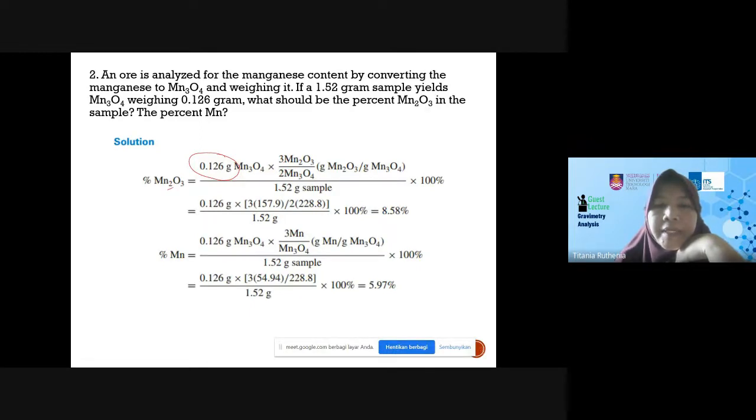Divided by the mass of the sample, we just insert the value of each, so it will get 8.58%. For Mn, the precipitate is Mn3O4, because this is 3, here must be multiplied with 3. We do the same mathematical calculation as the previous one, and we get the percentage of Mn is 5.97%.